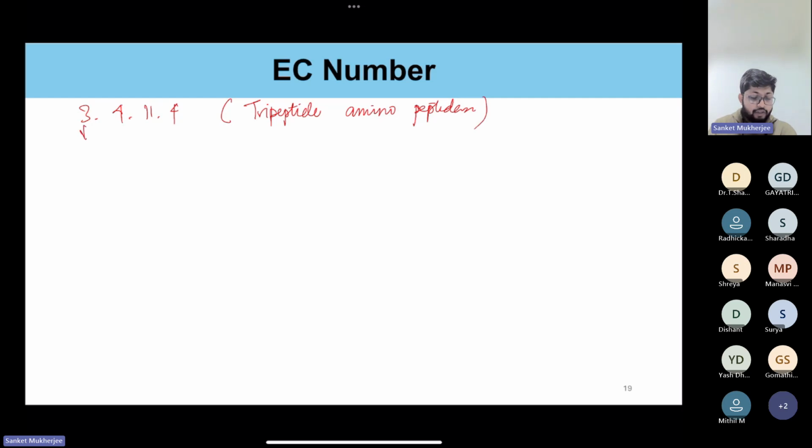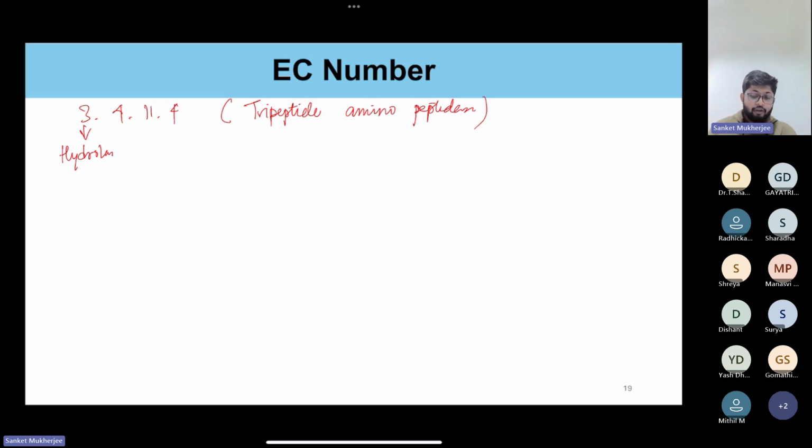So 3 gives the class. Class is hydrolases. 4 tells you the subgroup, which is hydrolases which work on peptides. 11 is the subclass which cleaves off the amino terminal of the polypeptide, and 4 is it works on tripeptides.